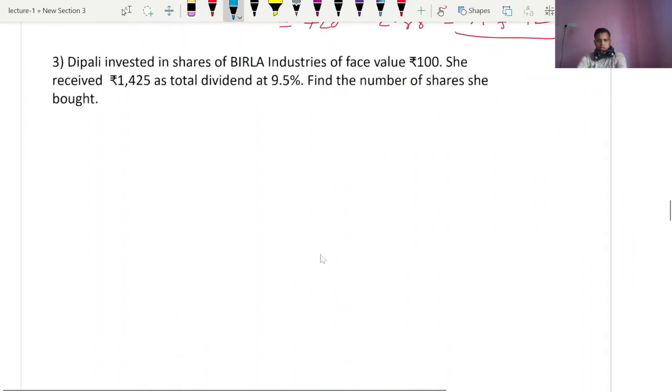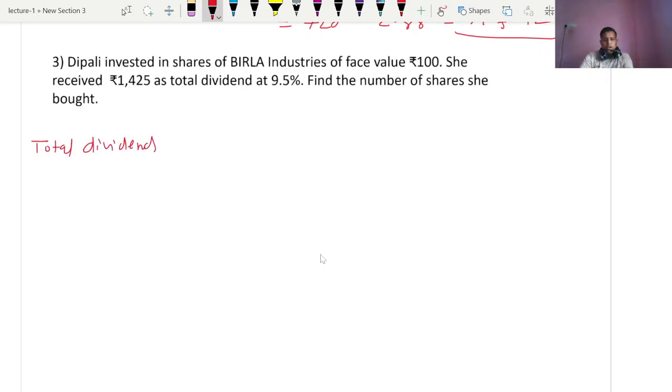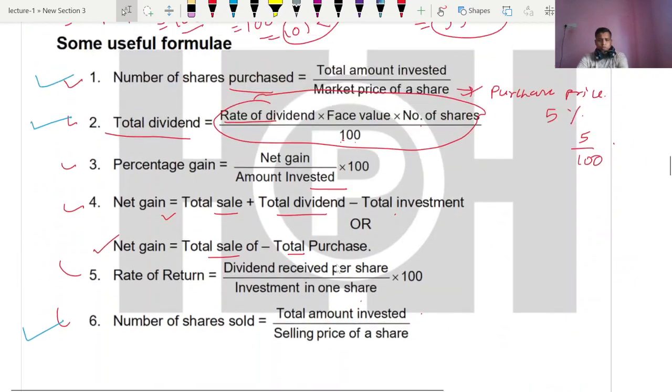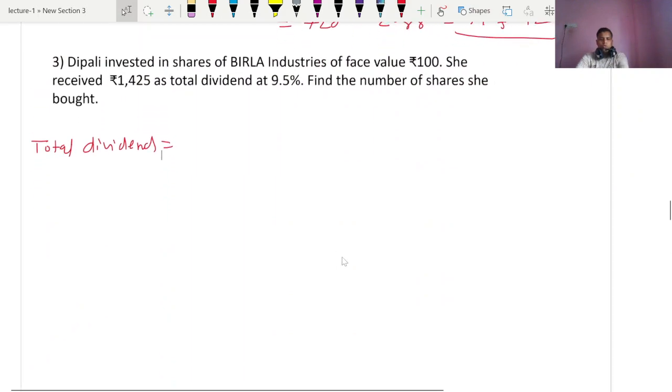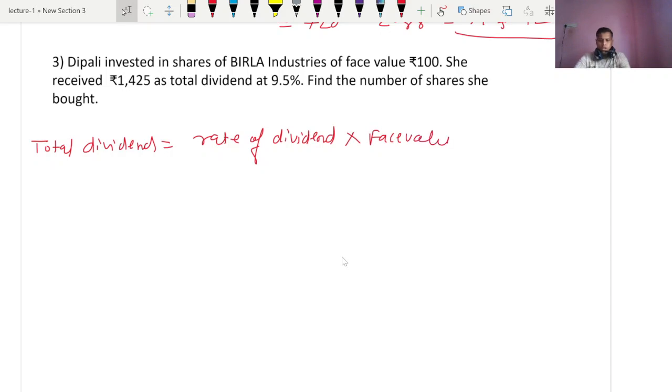Fine. So what is the formula? Total dividend is equal to rate of dividend into face value into number of shares, divided by 100.